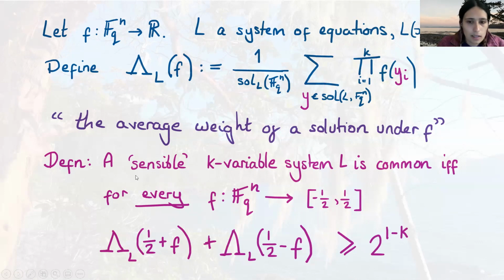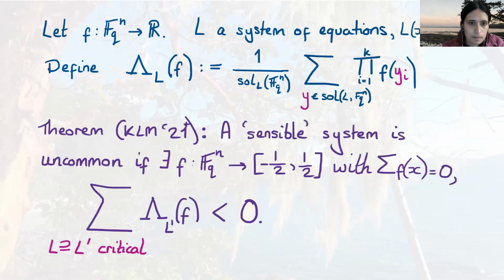So the equivalent definition says that the sensible k variable system is common if and only if for every function of this form, the density or the weight of solutions here plus the weight of solutions here is at least 2 to the 1 minus k. So this is the definition we're going to work with.